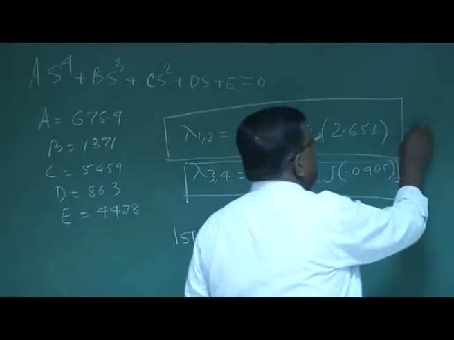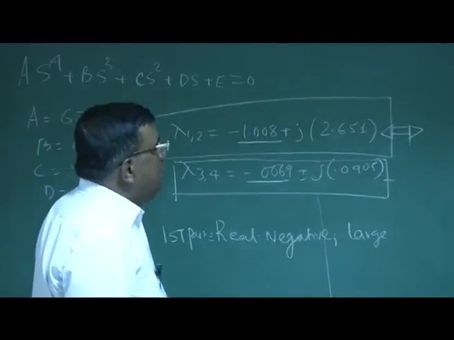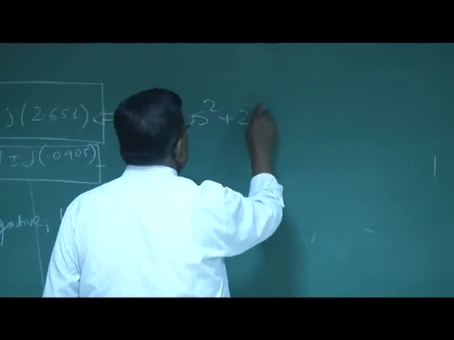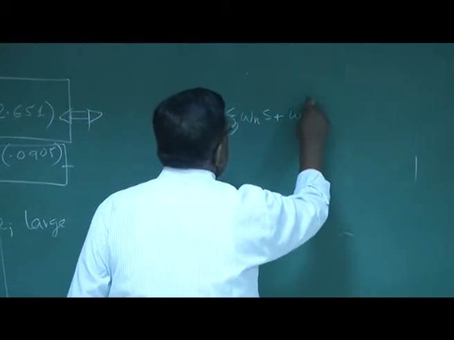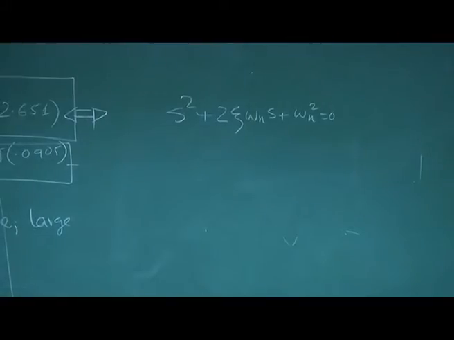If I take this, since I have seen this is a typical second order response, I write the characteristic equation as s square plus 2 zeta omega n s plus omega n square equal to 0. This is the typical second order characteristic equation in terms of omega n and zeta.